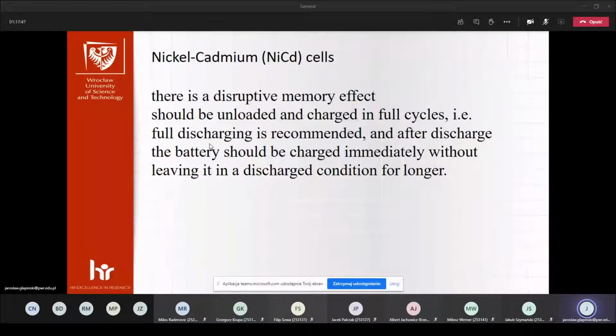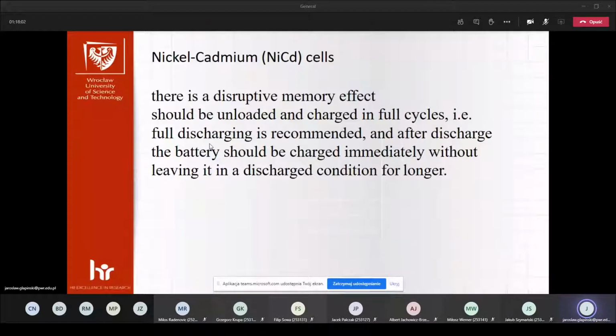So this kind of accumulator is better to use in full charge and discharge processes. Yes, so it has this memory effect, and we have to remember about this.